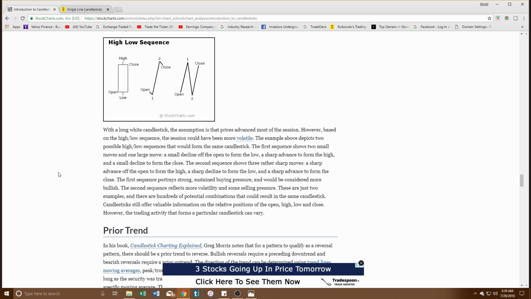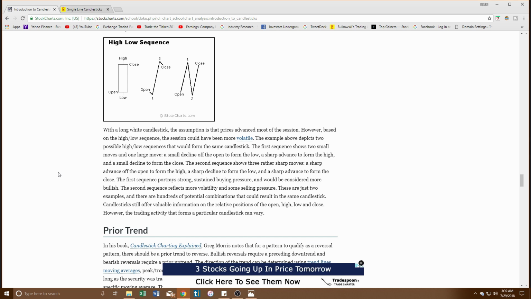The first sequence portrays strong, sustained buying pressure and would be considered more bullish. The second sequence reflects more volatility and some selling pressure. These are just two examples, and there are hundreds of potential combinations that could result in the same candlestick.